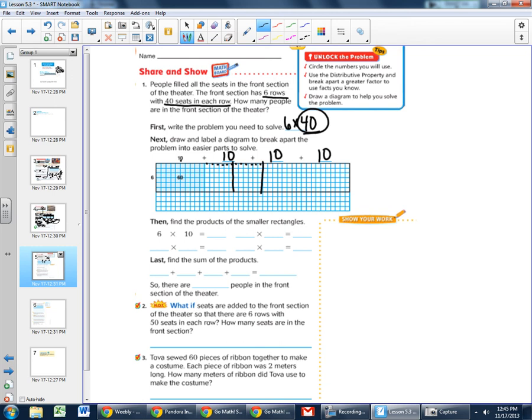And keep coloring in. You have 60 and 60. You're going to count to tens, and not sixes. So all of this will be colored in.